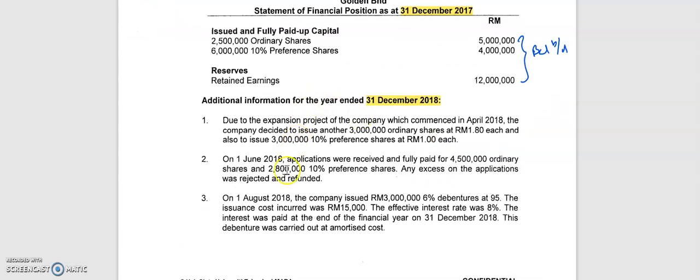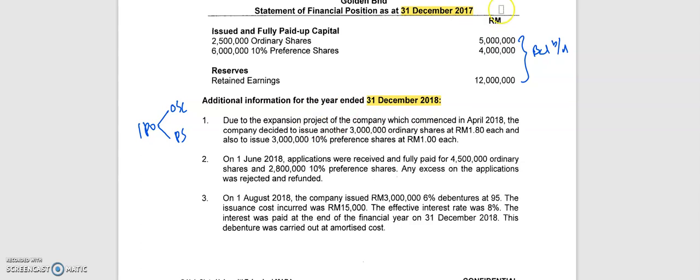So due to the information, you can identify what are the transactions that occurred during the year. If you look at number 1, you are going to record the transaction for the IPO. You have two types of shares, OSC and PSC. Look at the first one.